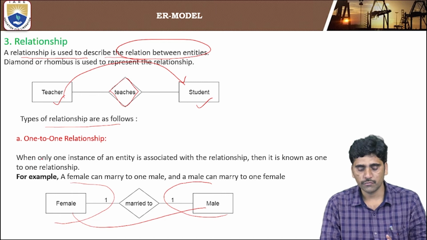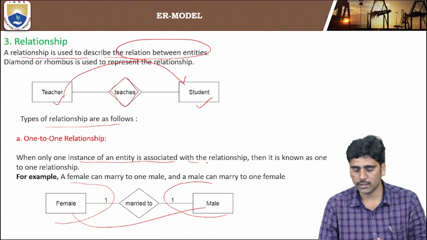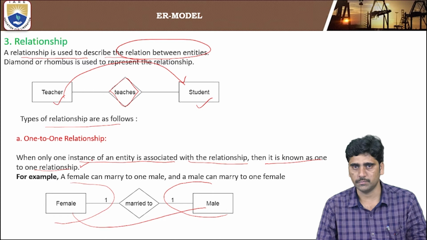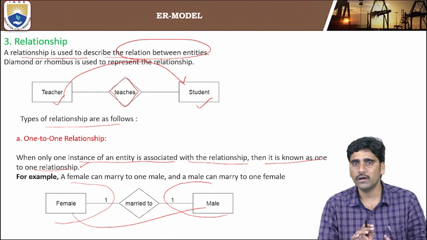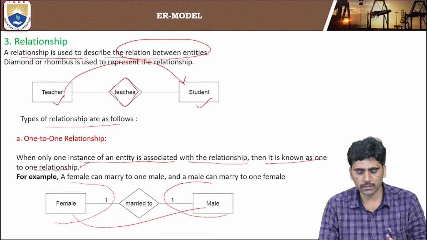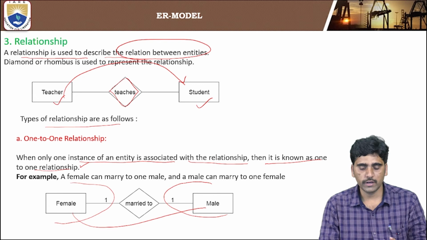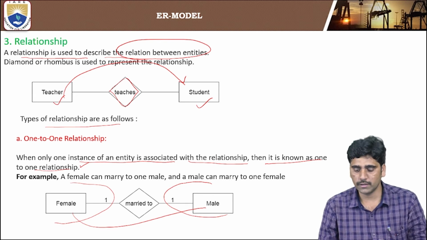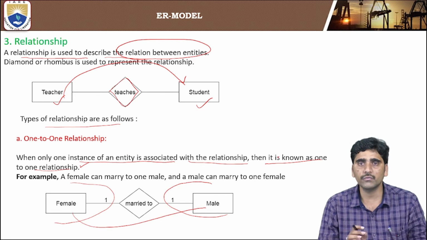When only one instance of an entity is associated with the relationship, then it is known as a one-to-one relationship. That means the two entities each have only one instance.